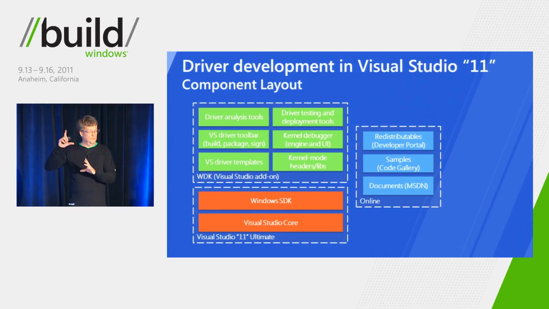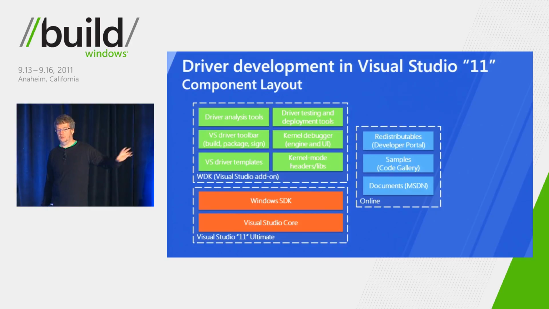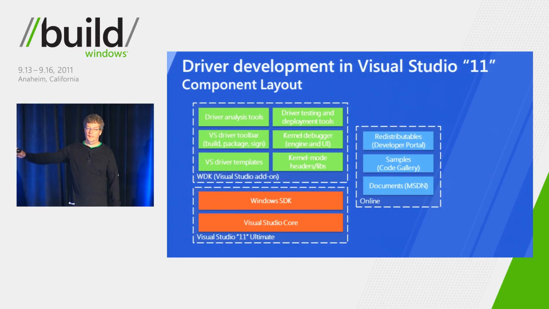But again, we're moving away from a standalone to a layer cake model. So you no longer have multiple compilers on your machine. If you installed, in the past, Visual Studio and the SDK and the WDK, you could end up with up to 3 different compilers. And that was a frustration that I know many of you had. So now it's all the Visual Studio compiler. We build Windows with the same compiler. It's the promised land we all wanted.